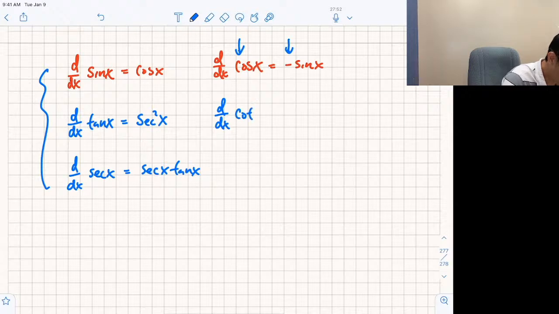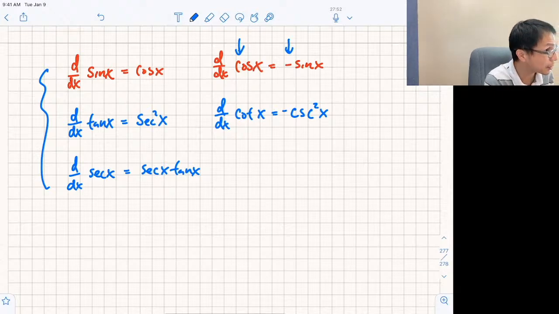What do you think the derivative of cotangent of x is going to be, if the derivative of tangent of x is secant squared of x? Cosecant squared is correct, but you're missing something. Negative. Yeah, anything with c always ends up being negative, cosecant, cosine, or cotangent, so you have to be very disciplined on that.